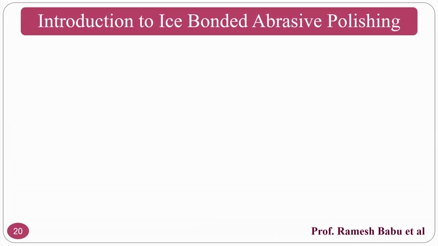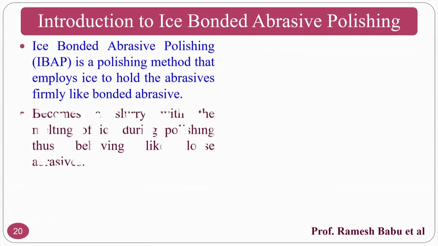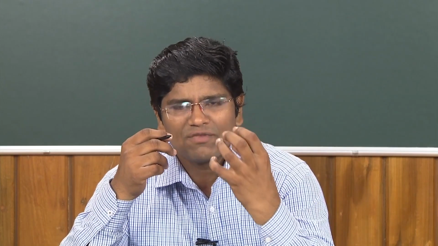So, introduction to the ice bonded abrasive finishing process. This ice polishing method employs ice to hold the abrasive firmly like bonded abrasives. Normally here, if you see the grinding wheel, you have a clay, you have a rubber bonding, you have a vitrified bonding where the material is clay, like the rubber bonding, shellac bonding, and various metallic bonding.